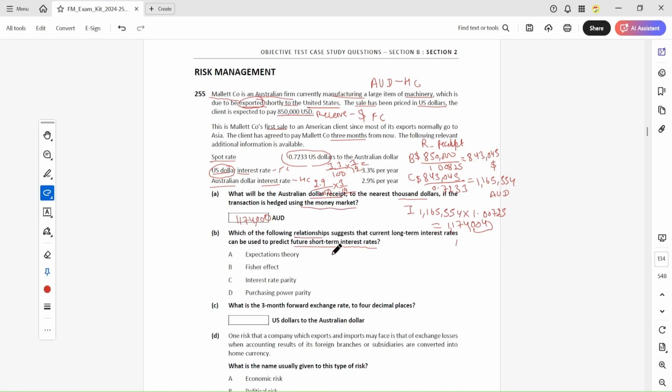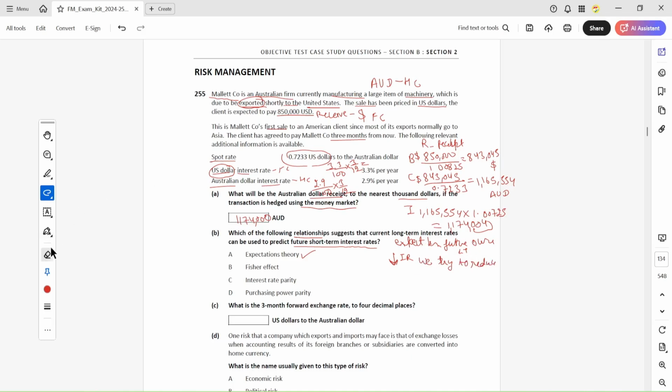Which relationship? In expectations theory, we expect that in the future, in the long term, our interest rate will reduce.